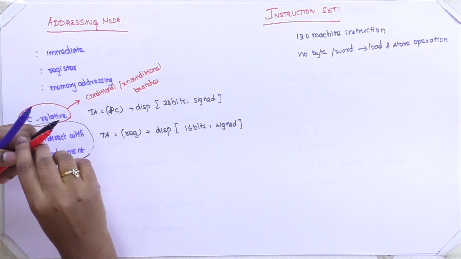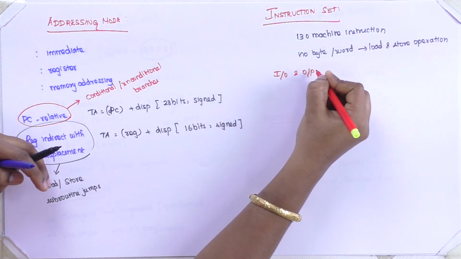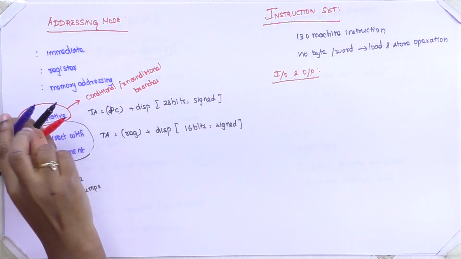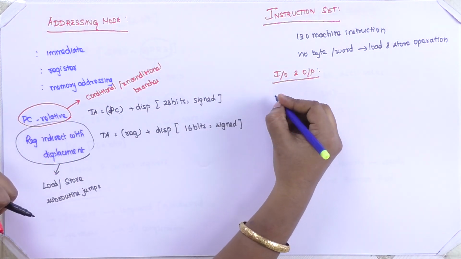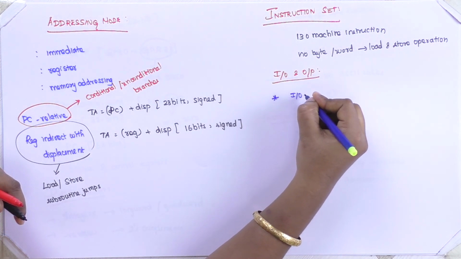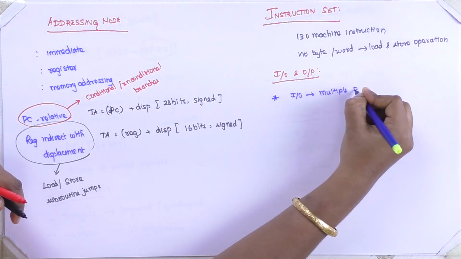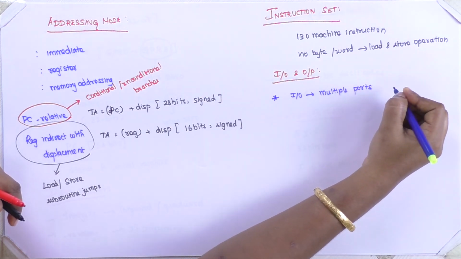Our last hardware feature is I/O, input and output. The Cray T3 architecture performs I/O through multiple ports into one or more I/O channels.